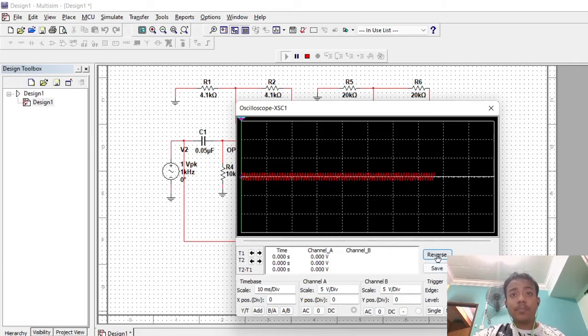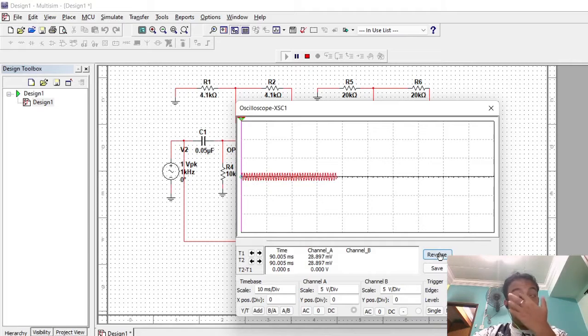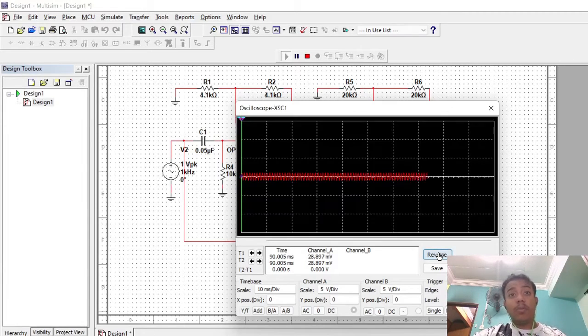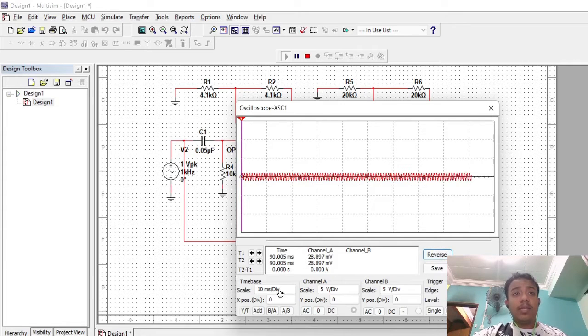For this graph, for this signal, we can change it. We can choose a white background or a black background. After that, we can adjust the settings of our graph like I do right now.